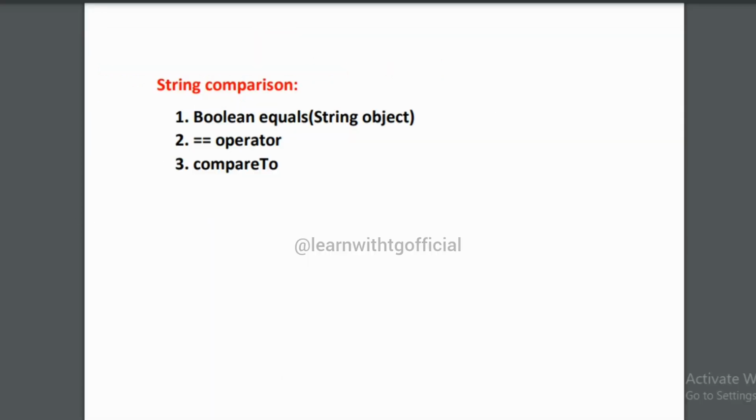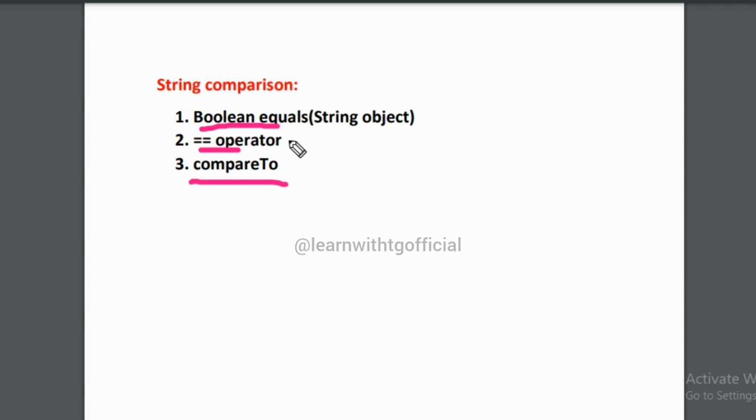String comparison. In Java, we can compare strings. There are three methods to compare the given two strings: boolean equals, the equal to operator, and the compareTo method. First one, the equals(Object) method is used to compare the contents or values present in the given strings.